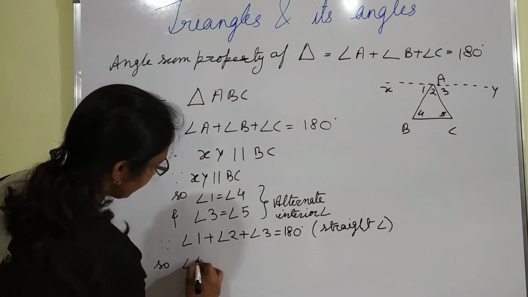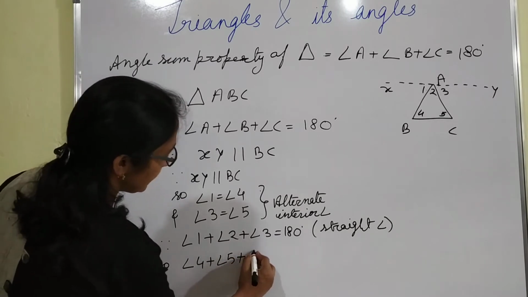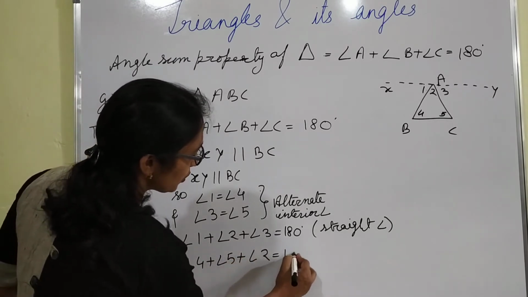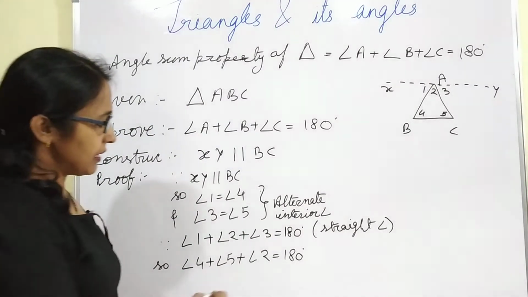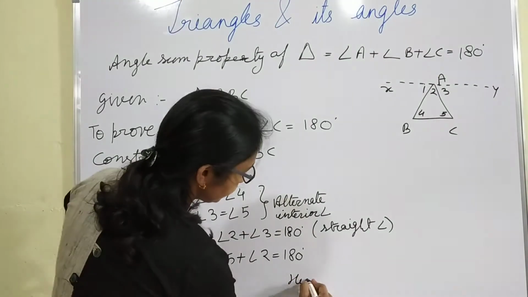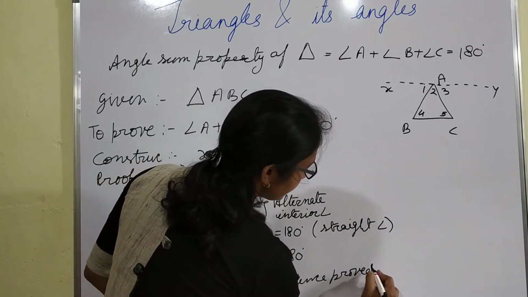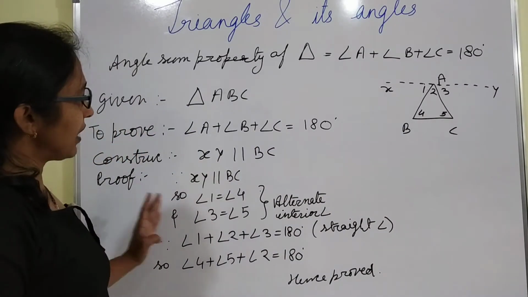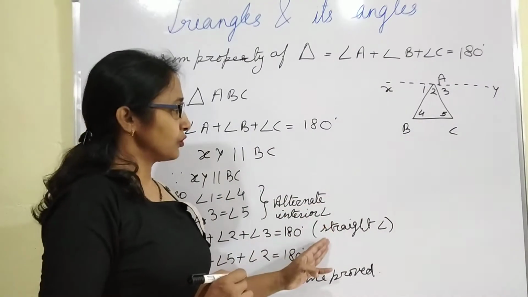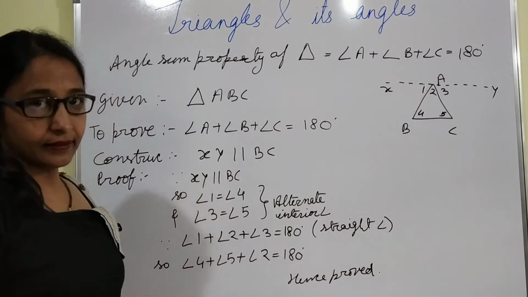So angle 4 plus angle 5 plus angle 2 equals to 180 degree. Okay, hence it is proved. See, in geometry, whatever you write, you have to give reason. So don't forget to give reason of anything.